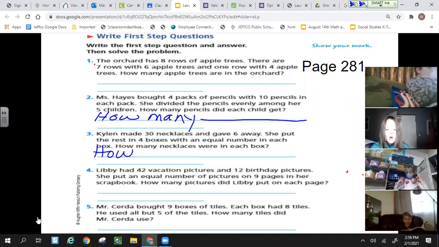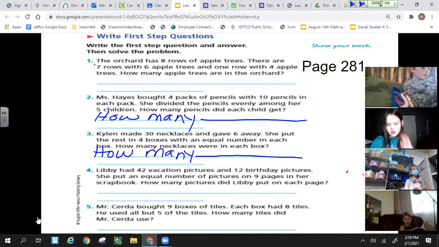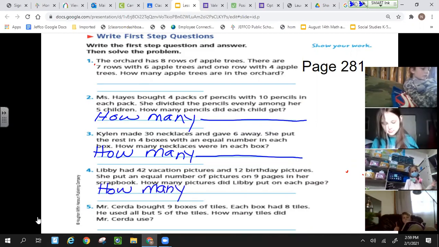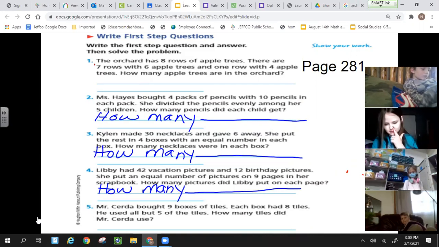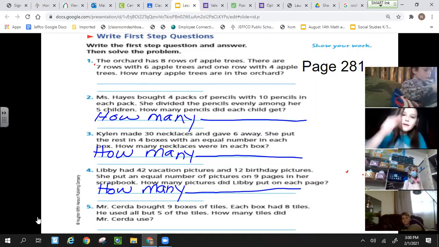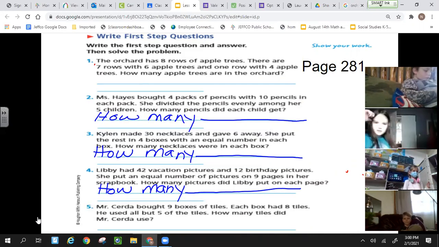That's what it's asking you to do. Write the first step question and then answer and solve the problem. Fill that in for the next few on that page. If you and your partner do amazing, you can skip to page 282 when you're done.